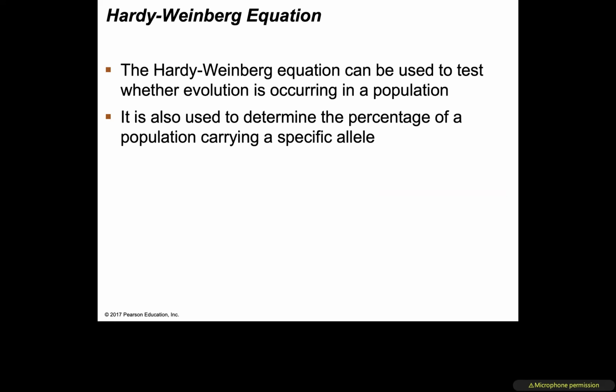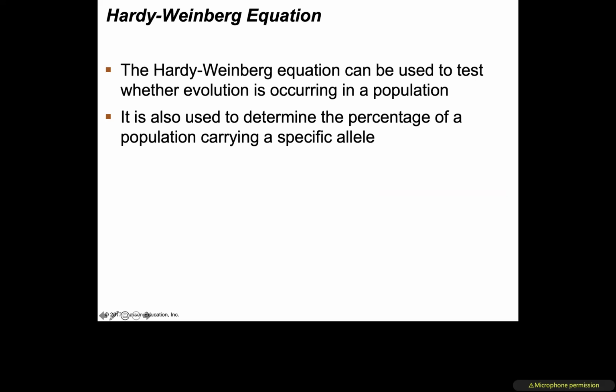Alrighty, so this right here, I'll just be honest, it's going to be the scariest thing that you do this semester. And once you do it and get it, you're going to realize it's not so darn scary. And it is the Hardy-Weinberg equation. So the Hardy-Weinberg equation can be used to test whether evolution is occurring in a population. It is also used to determine the percentage of a population carrying a specific allele.